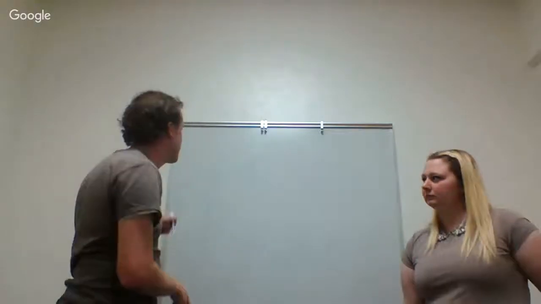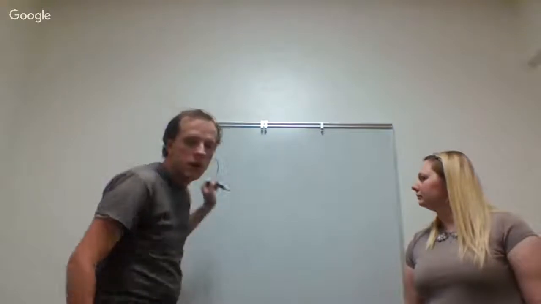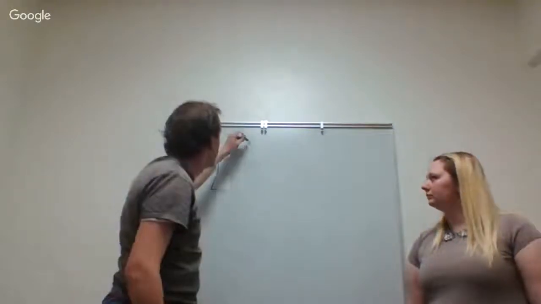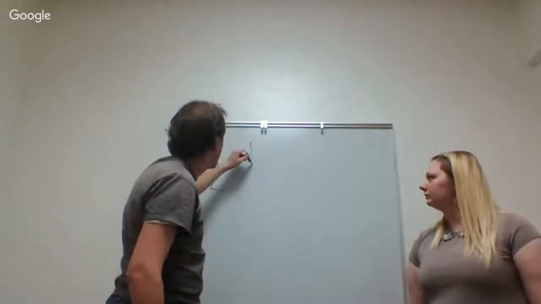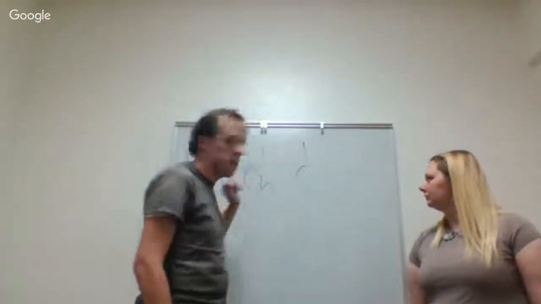Part A is explain the inheritance of these coat color phenotypes in horses. When they crossed palomino with palomino, they had a ratio of approximately 2 palominos to every 1 chestnut and to every 1 cremello.